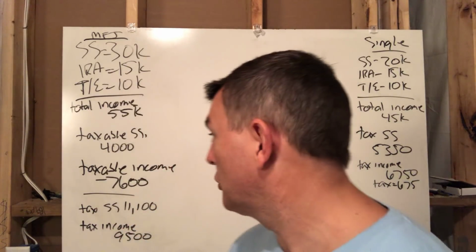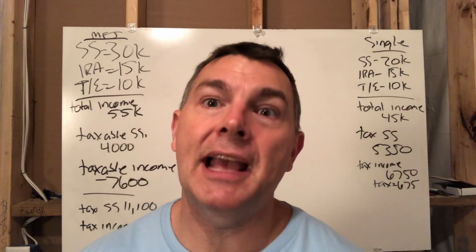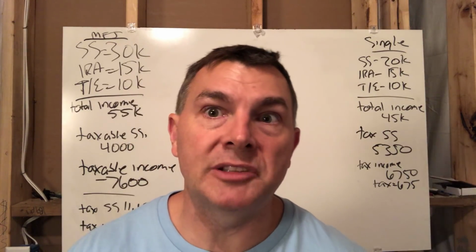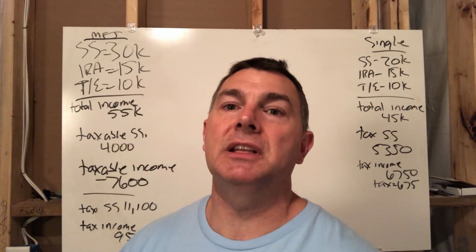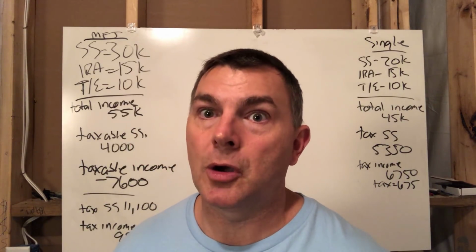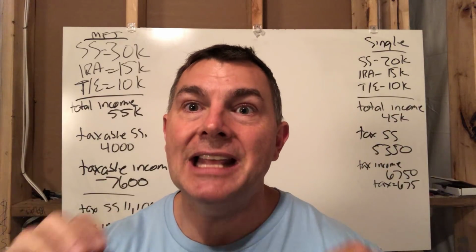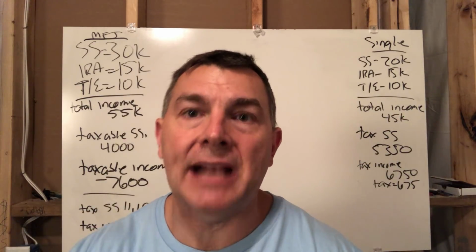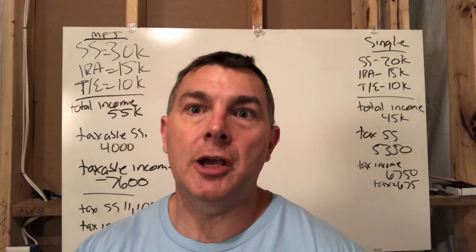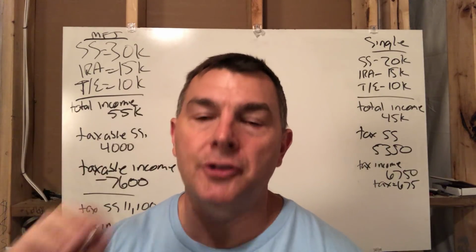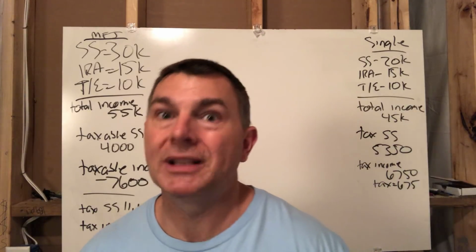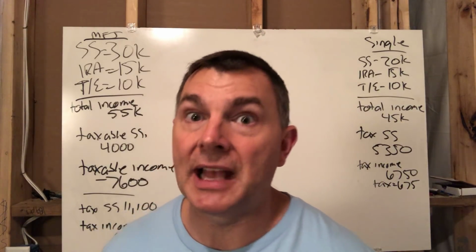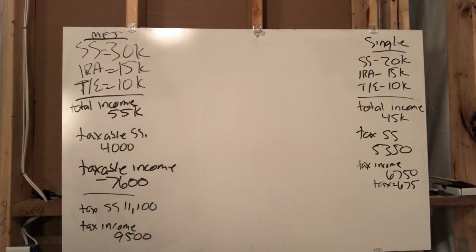And what happened was it increased our taxable income by $17,100, even though it was only a $10,000 conversion, because that is how Social Security is taxed. A dollar of income increases your taxable income by $1.70. So let's dive right into this for her.